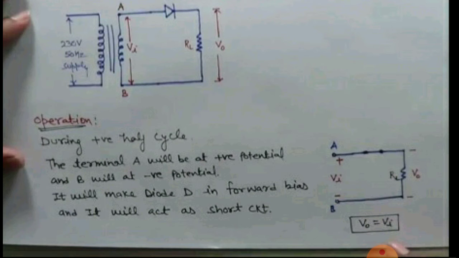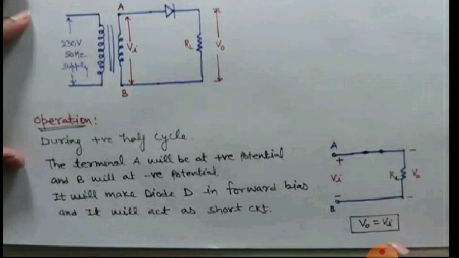When the supply is given, during the positive half cycle terminal A is at positive potential and B is at negative potential. As the diode's anode is connected to A and cathode to B, the diode is in forward bias mode, so it acts as a short circuit, or a closed switch, and allows current to flow through the load resistance RL.